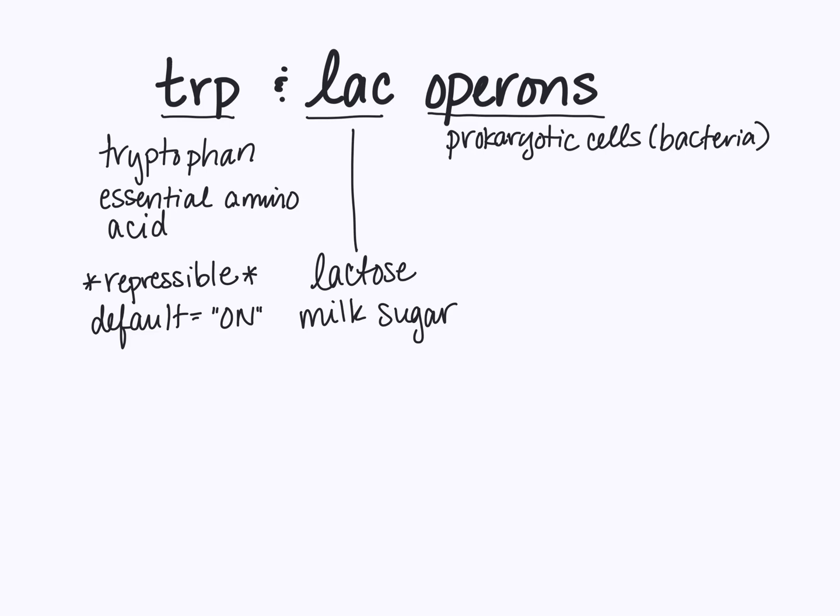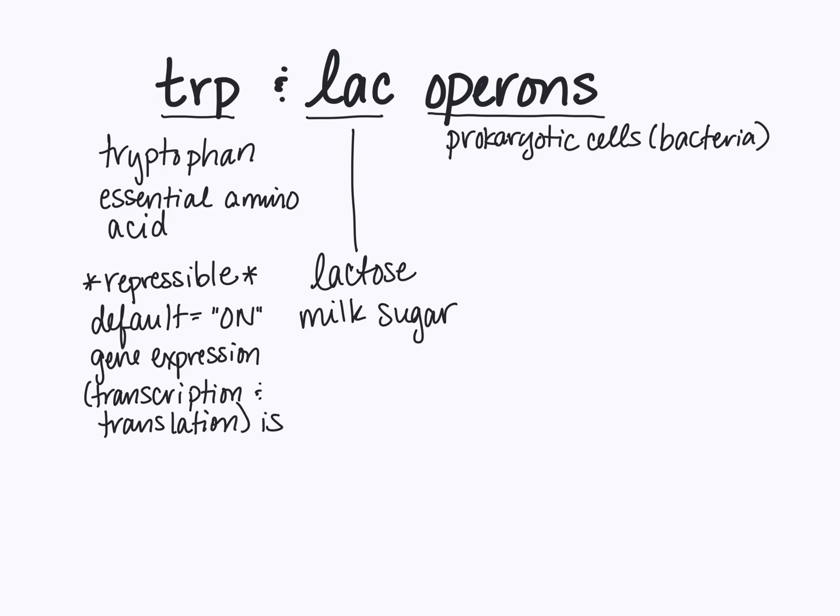And when we say on, it means that gene expression in the form of transcription and translation is occurring. So the repressible nature of it means that the default is on, but it can be turned off when the cell does not need to make tryptophan.